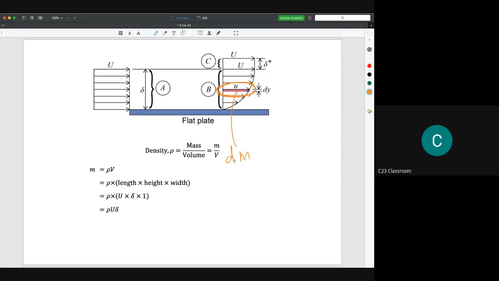The mass for that stripe, the colored area, is rho times the small u, times the height, which is dy. Then if we want to get the total mass for this area, we need to integrate both sides.